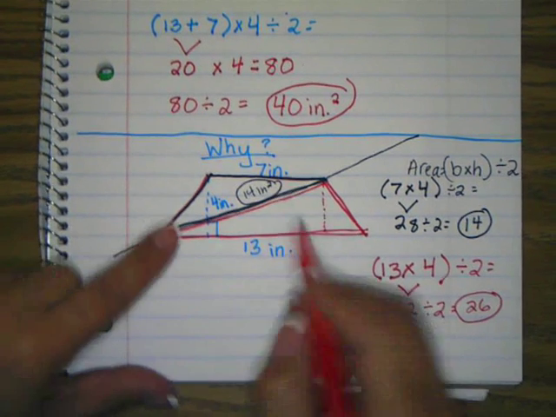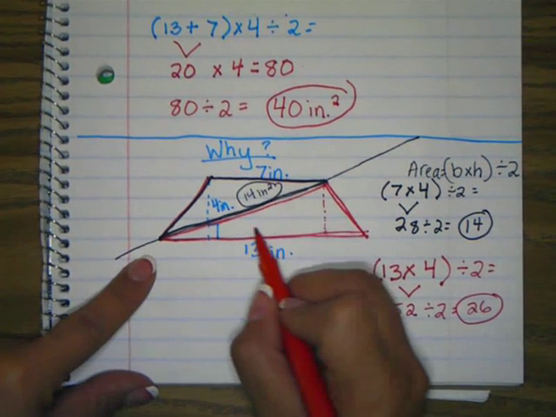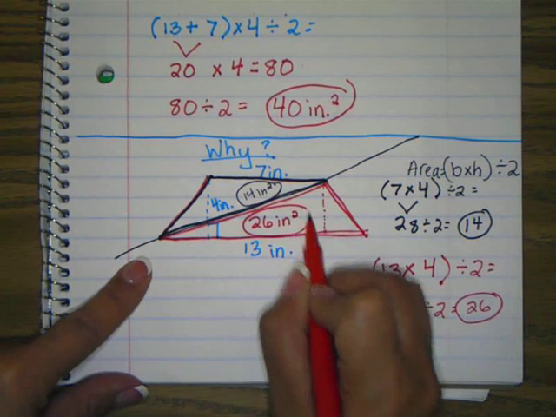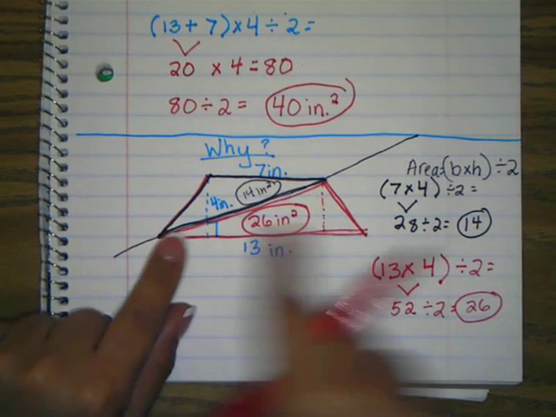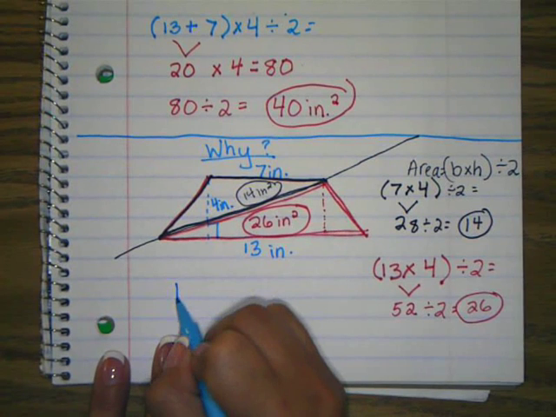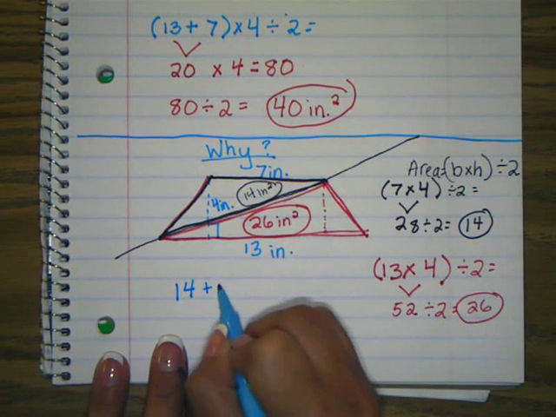I want to know the area of the entire trapezoid, right guys? Yeah. So what do I need to do? What do I need to do, Kaylee? So if I add 14 plus 26, what will I get? Trey? 40. You're going to get your 40 square inches.